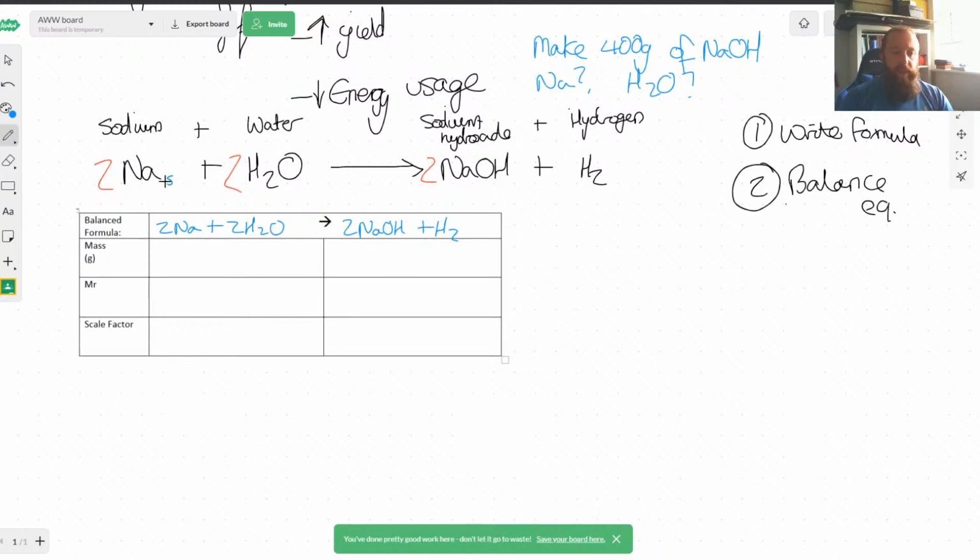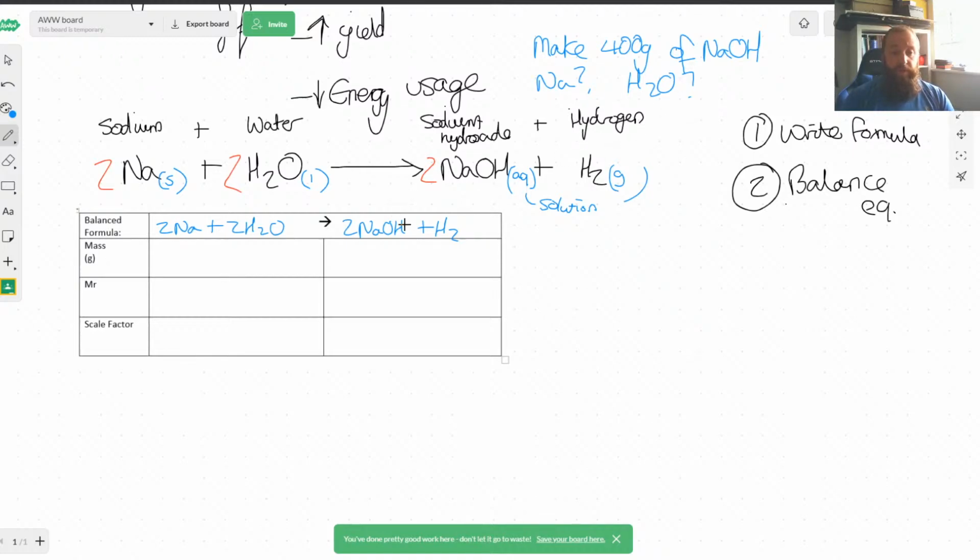You will sometimes see state symbols on here. I'm going to put those in because it's good practice to get used to using these. So the sodium is going to be a solid. Water is always a liquid. Aqueous means it's a solution. And g is gas.